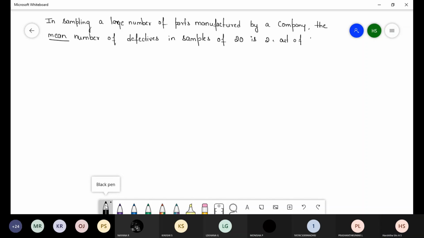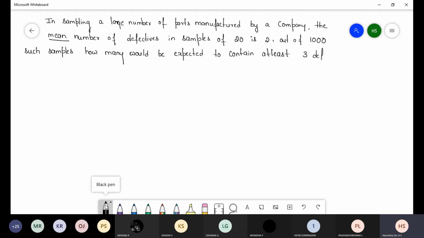Out of 1000 such samples, how many would be expected to contain at least 3 defective parts? This is the question.